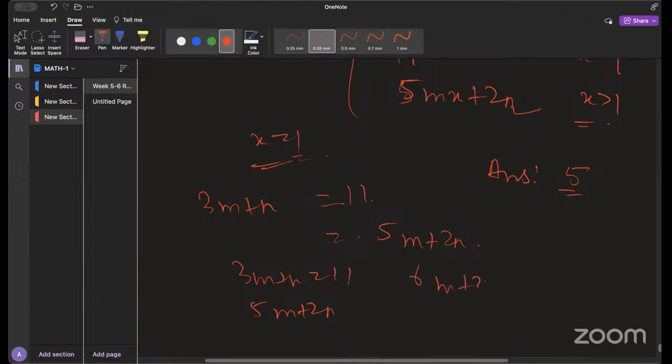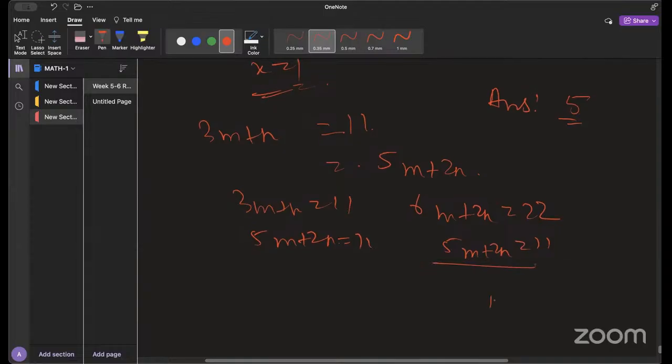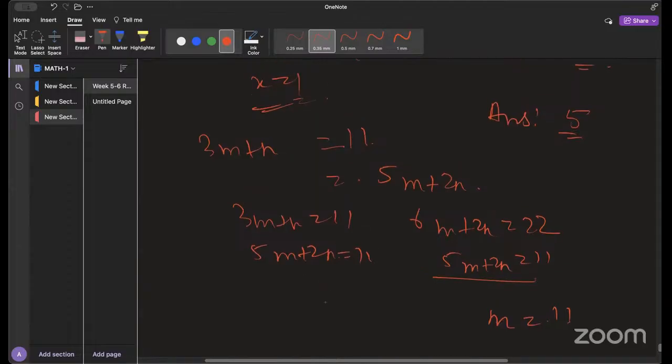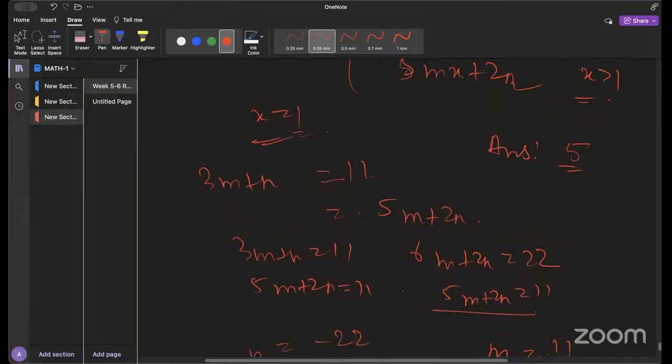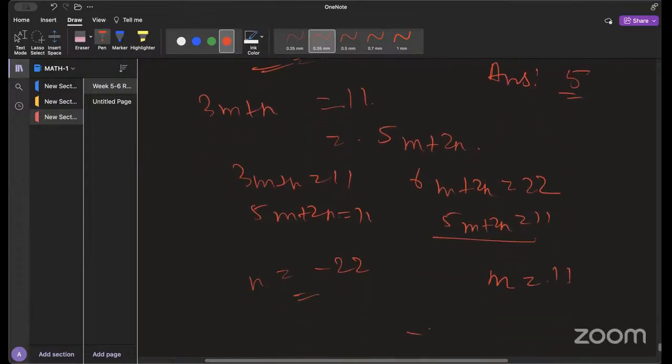Six, seven, plus n equals 7. And minus 22. Minus 11, right? What's the problem?